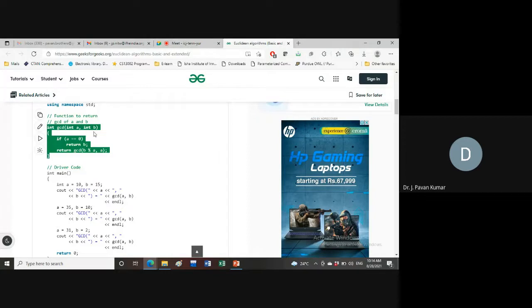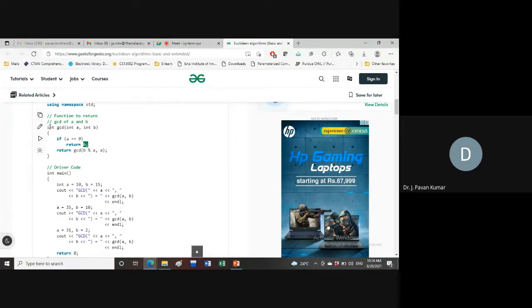GCD of A comma B we have to calculate. This you know already. GCD of A comma B is nothing but GCD of B mod A comma B, where we consider the minimum one. So whenever A is 0, then we can say the other number is the GCD.